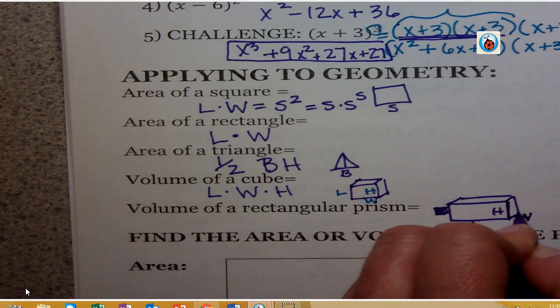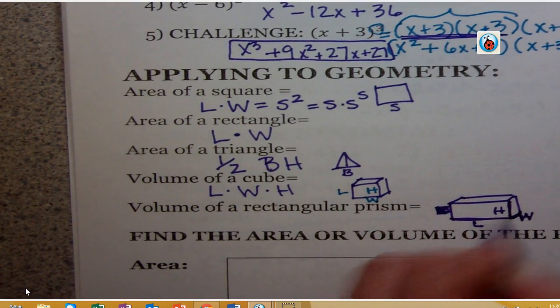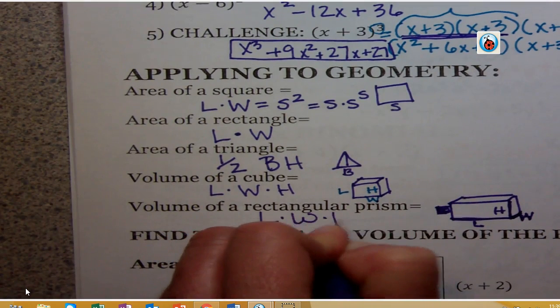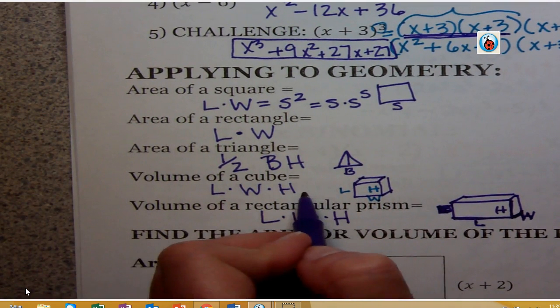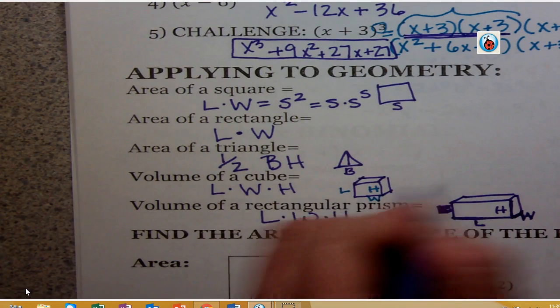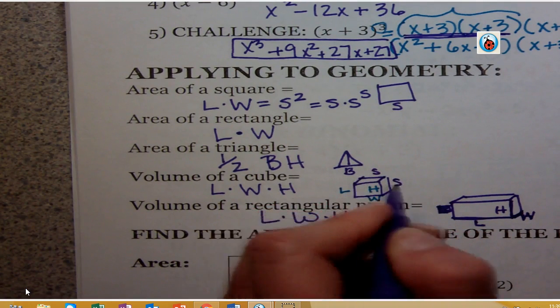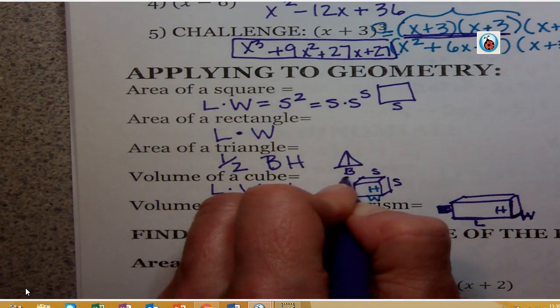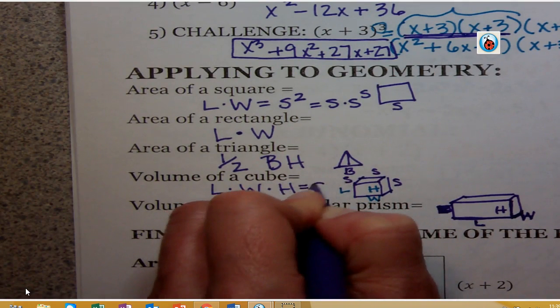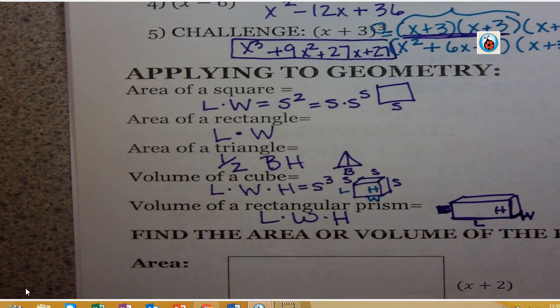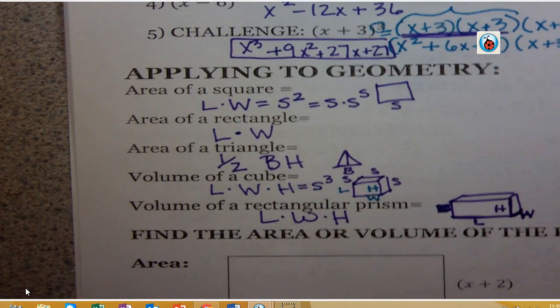This is your height. This is your width. This is your length. So your length times your width times your height. On a cube, these are all going to be the same. So you could have it be side cubed. Sorry, that was a little bit mixed up. However, those are your formulas.